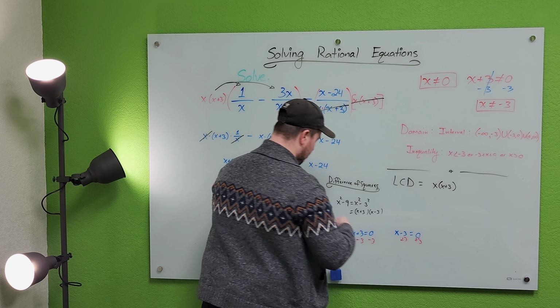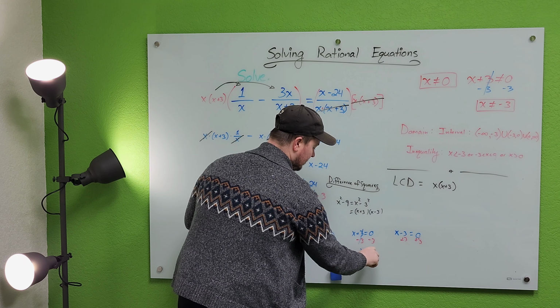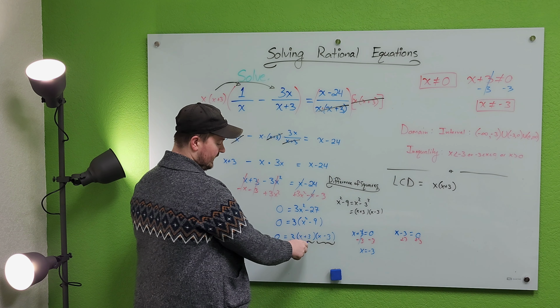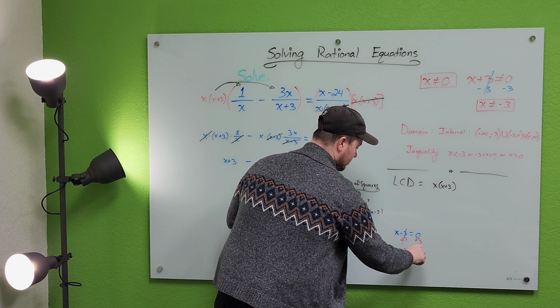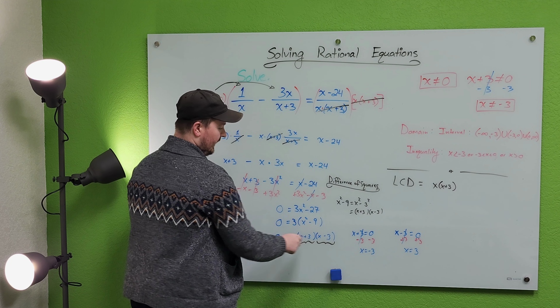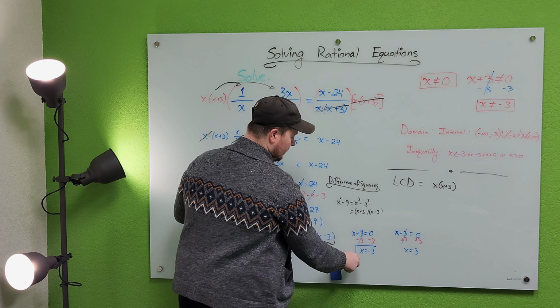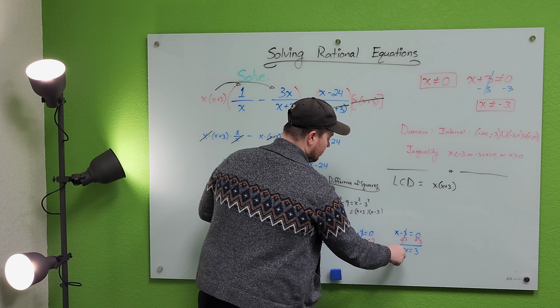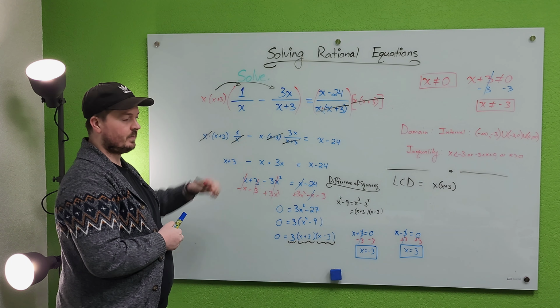What we get as answers is that x equals negative 3 makes that factor equal 0. x equals positive 3 makes this factor equal 0. So these are the 2 possible solutions for the original equation.